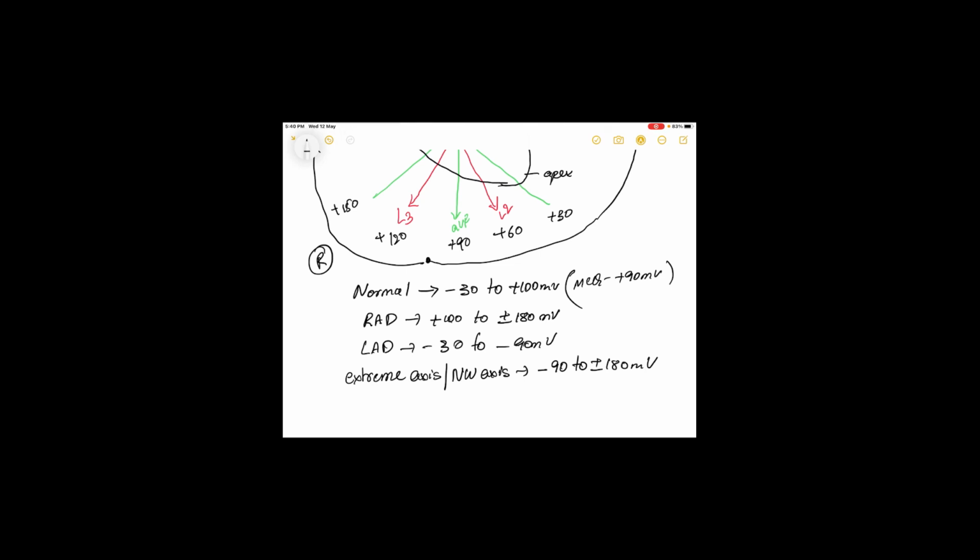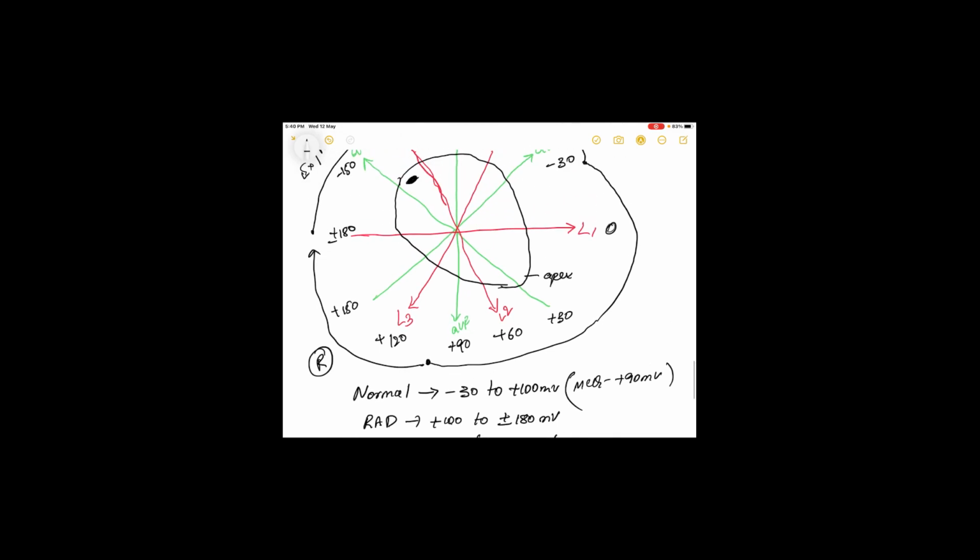Now let's see how we get to know on an ECG what the axis of this ECG is. For that we have to take the help of two perpendicular leads. Two perpendicular leads should be taken for interpreting a cardiac vector.